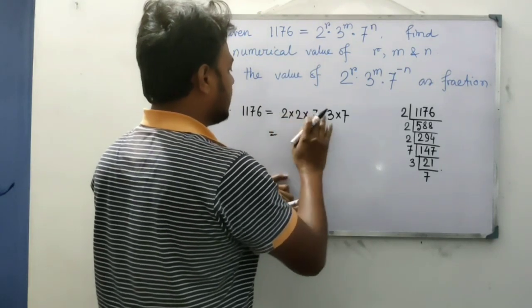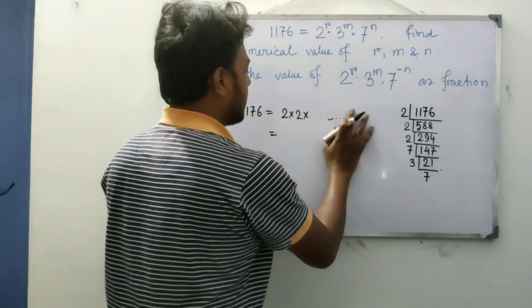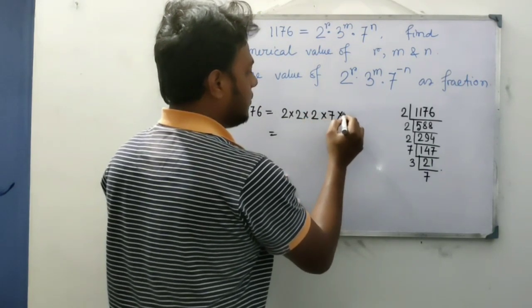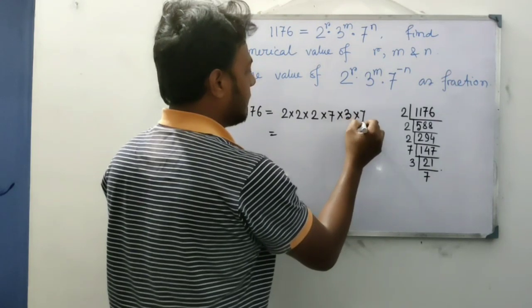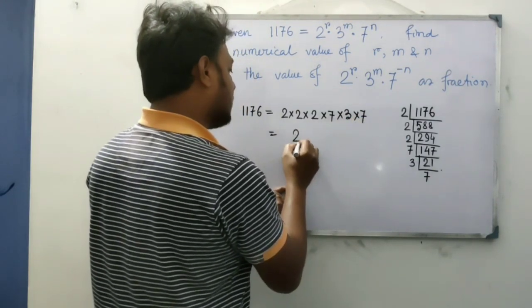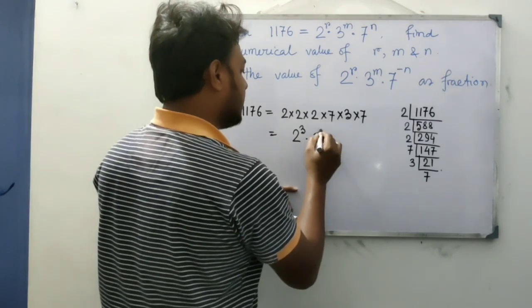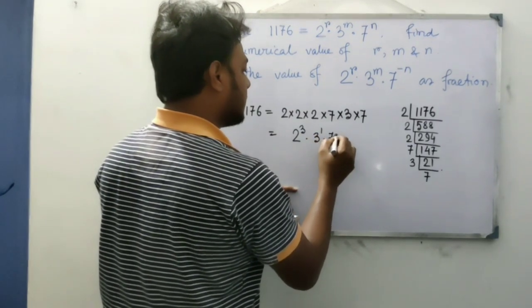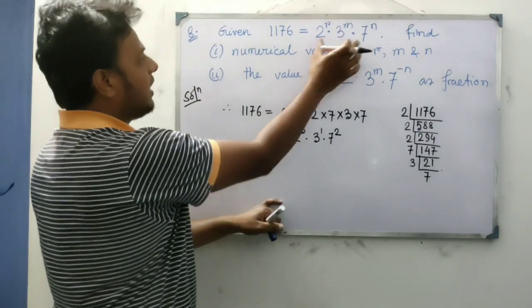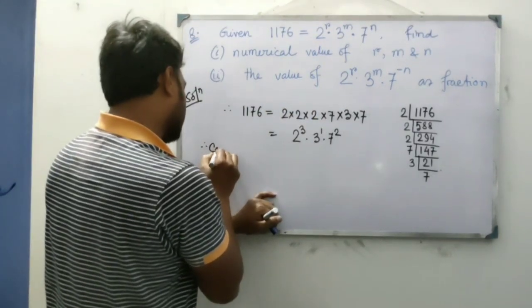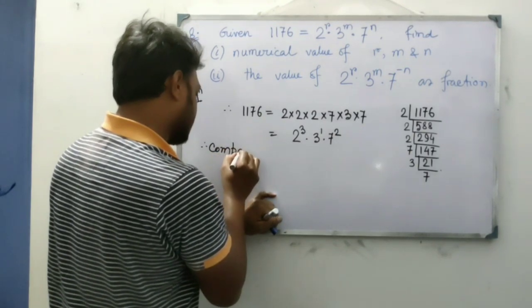Sorry, one more time 2 will be there. 2 into 2 into 2 into 7 into 3 into 7. So this is nothing but 2 cube, 3 to the power 1, 7 square.